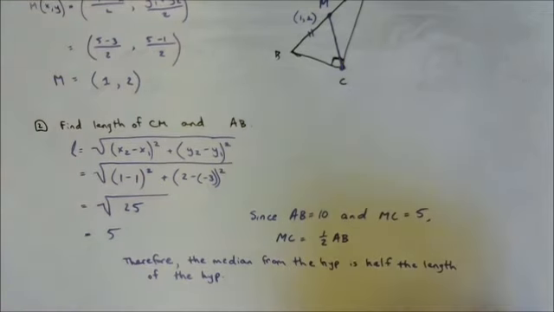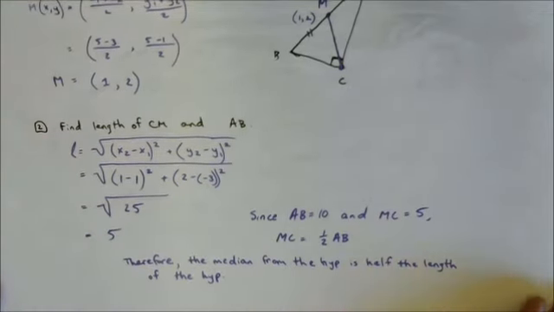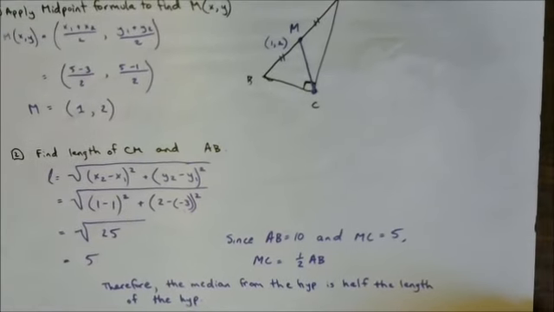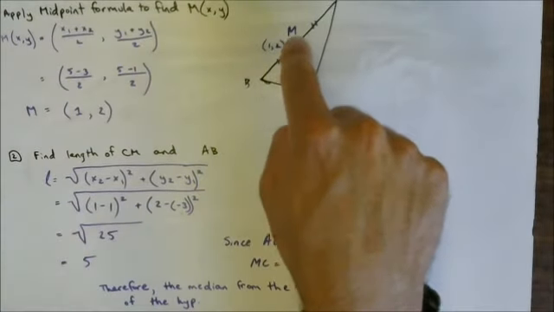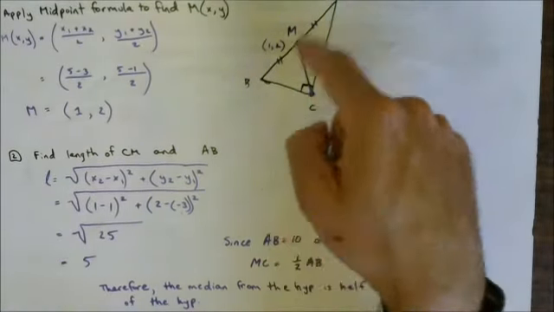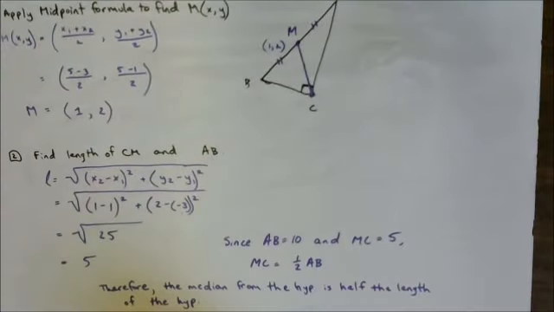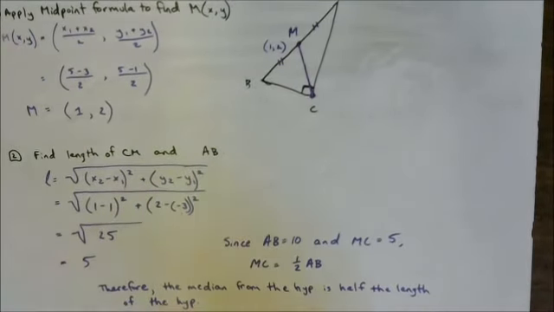That is a special relationship in a right triangle between the hypotenuse and the median from the hypotenuse. All we did was find the midpoint in order to get the length of the median, and we already had the length AB from a previous example. 5 is half of 10, therefore it checks out.